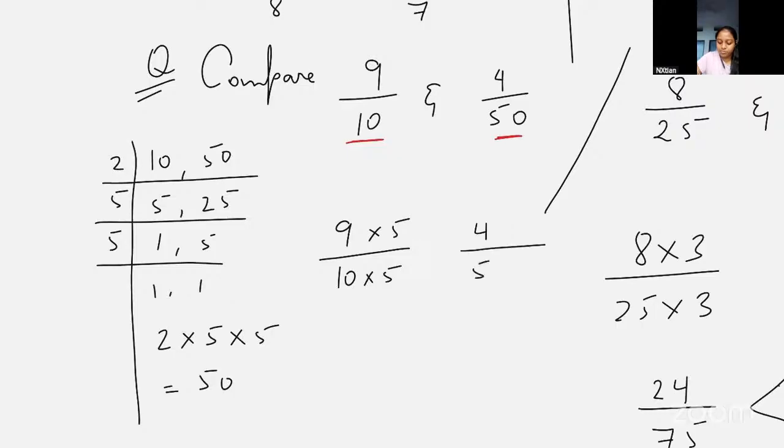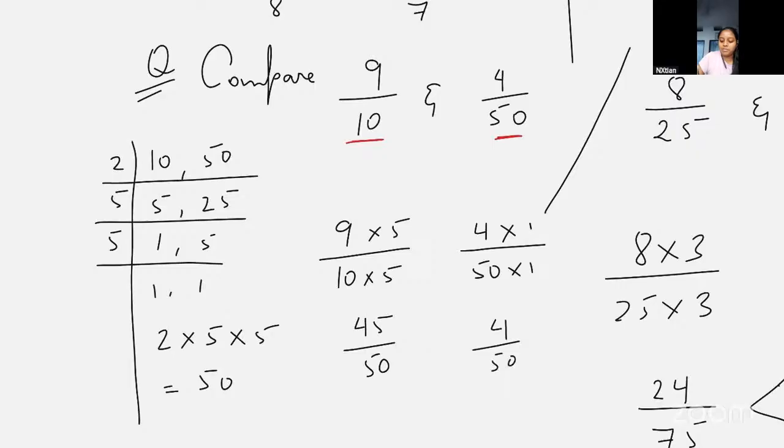Into 1 means it remains as it is. Just the first one I will solve. 9 5s are 45, and 10 5s are 50. And 4 ones are 4, 50 into 1 is 50.